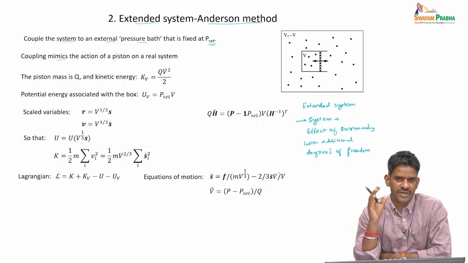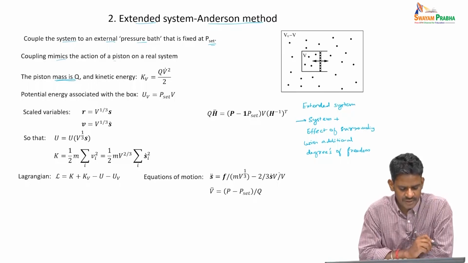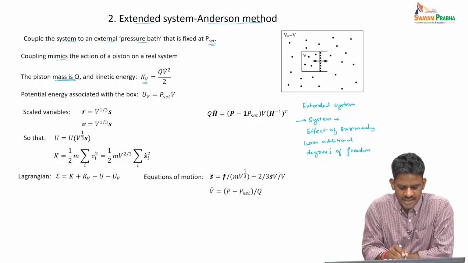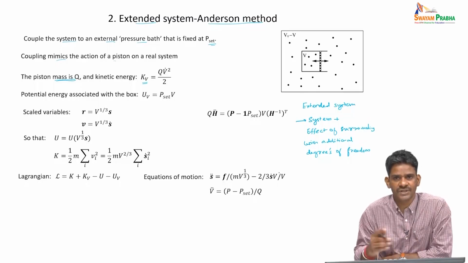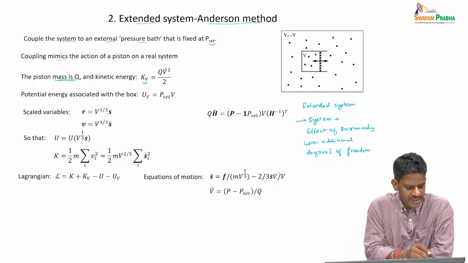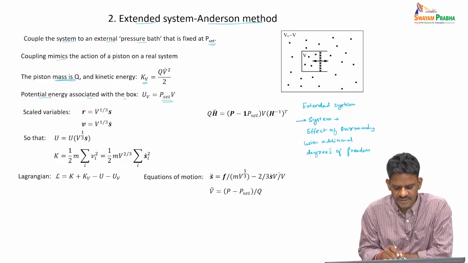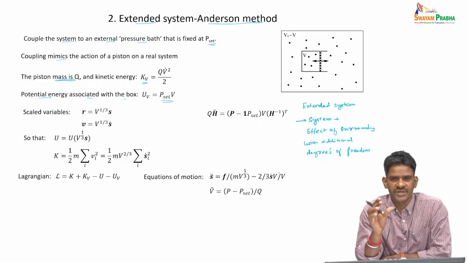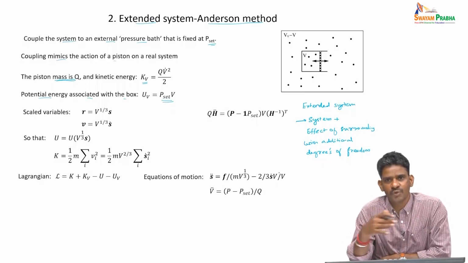Now, we think of this piston as having a mass Q, and then we define an additional kinetic energy to the system as Q times V dot squared by 2, where V dot is the rate of change of the volume of the system. We also define a potential energy associated with the box, given by P set times V. This PV is basically the work done whenever the system expands or contracts by moving the wall.